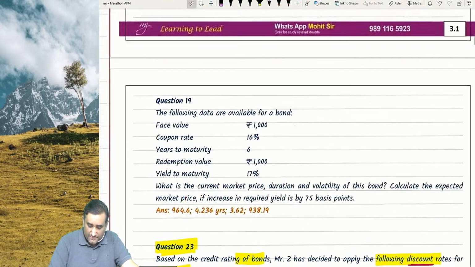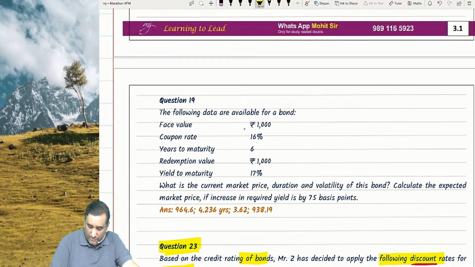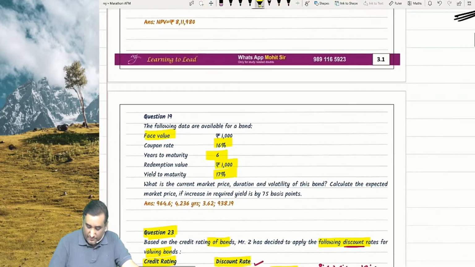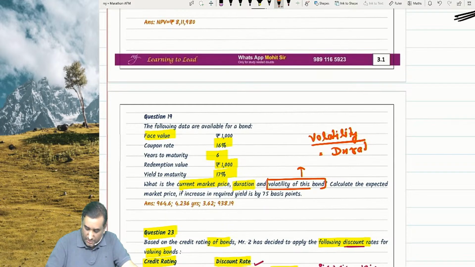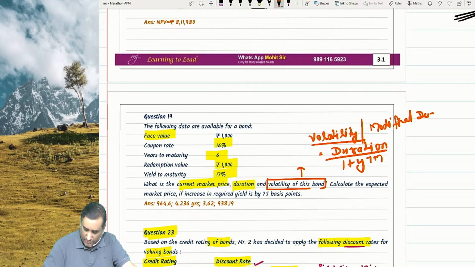It says the following data are available for a bond: face value, coupon rate, years to maturity, 1000 redemption value, YTM 17. What is the current market price? Duration. For the volatility formula, I'll just tell you: you can write it as volatility or modified duration. Volatility is equal to duration divided by one plus YTM, from the exam perspective. You can call it volatility or modified duration.